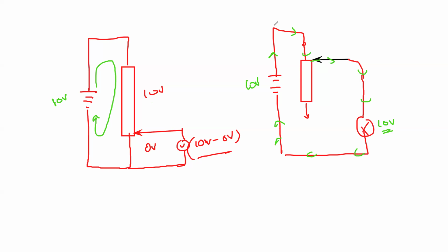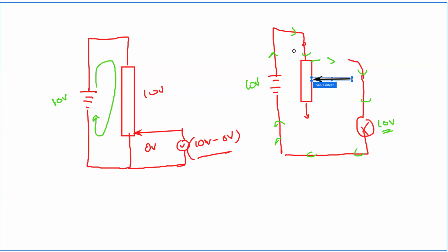Now, when we start to move this sliding contact down, it's at this position. When the sliding contact is at this position, out of 10, maybe let's say 3 volts is here, so the remaining 7 volts will be here.